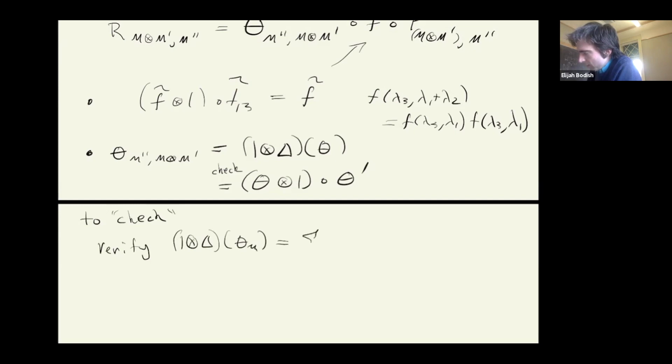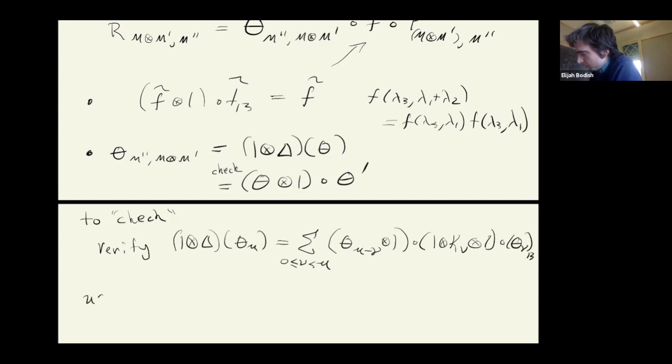So you need to verify that this is the sum over 0 ≤ ν ≤ μ of Θ_{μ−ν} ⊗ 1 composed with, and here you see this k appearing that we had above in the Θ', and then Θ_ν^{1,3}.